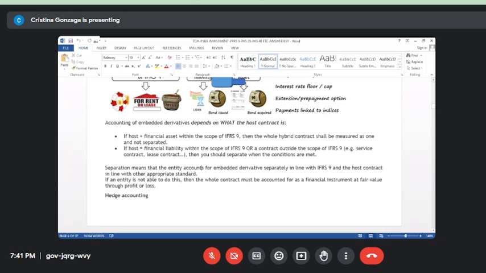O, di ba? If there will be no hedge, talagang you are exposing yourself or your company to financial trouble later on kapag nag-fluctuate ang foreign currency or exchange rate.